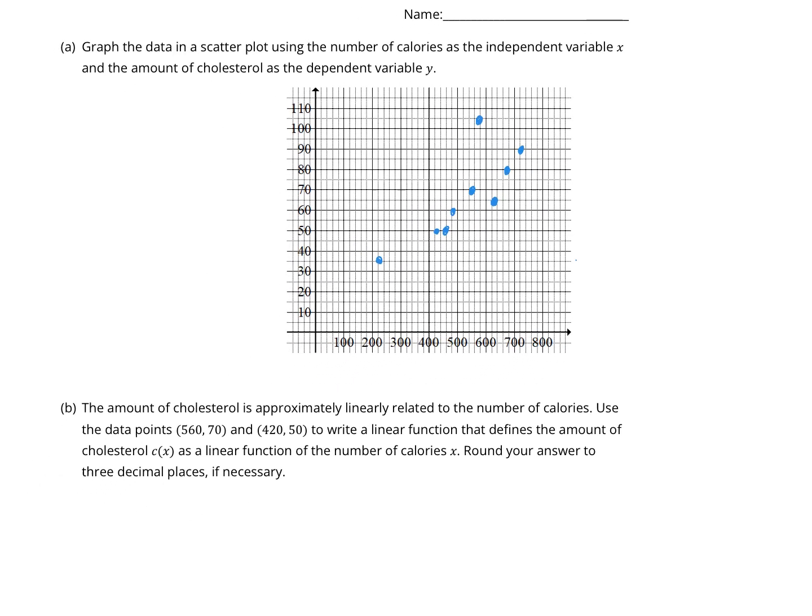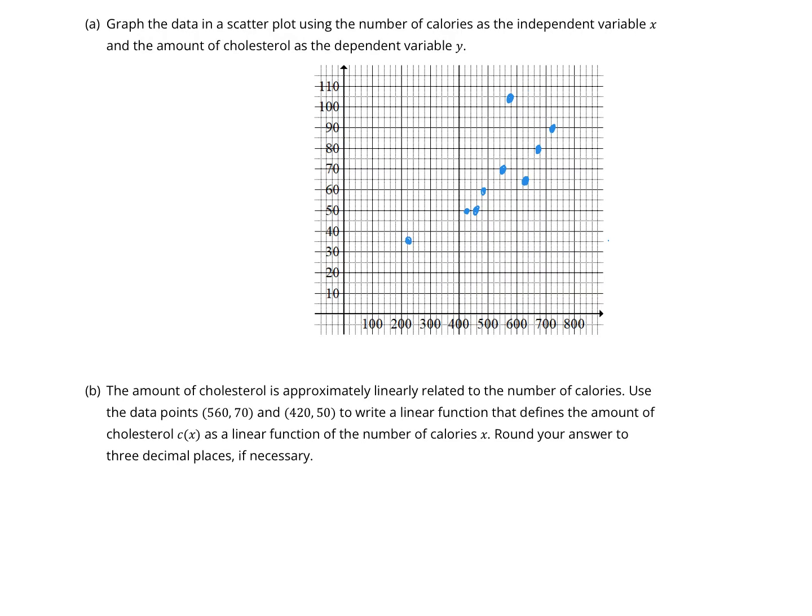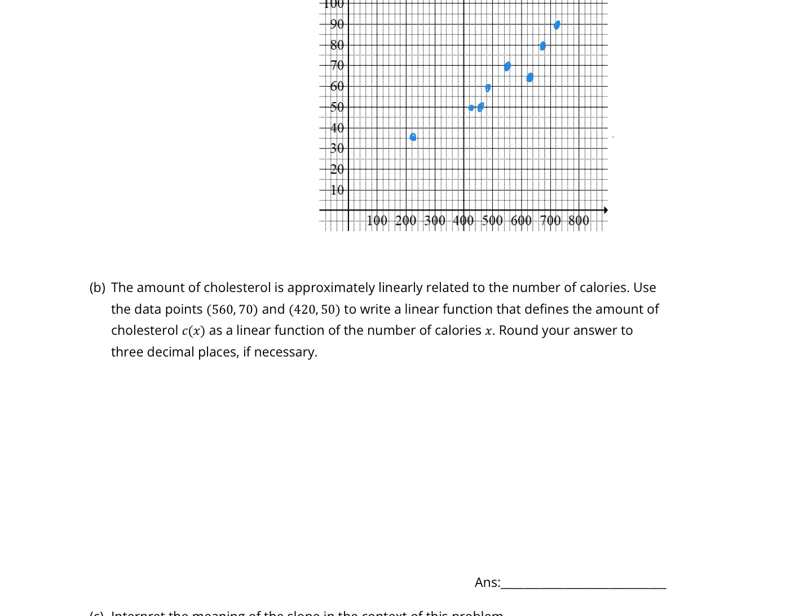All right, so the next thing we want to do is now take the two given points in this problem here, and we want to use those 2 points to approximate the linear relationship between calories and cholesterol. So once again, I'm going to use m, my slope. And again, that's my y2 minus y1 over my x2 minus x1. And I'm going to just label the first ordered pair as x1, y1, and the second ordered pair x2, y2.